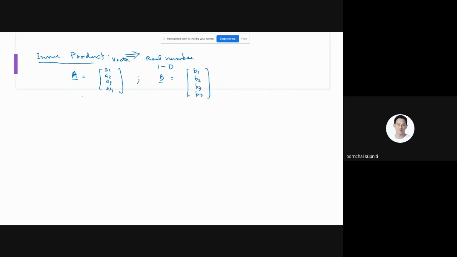The very formal notation of the inner product is like this: we put brackets on two sides and a comma between A and B. For the formal definition, it can be defined in many ways.